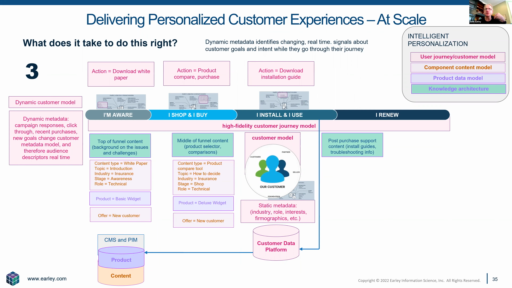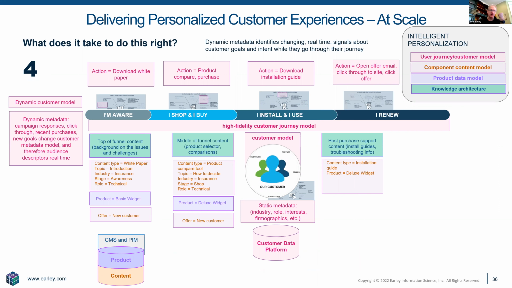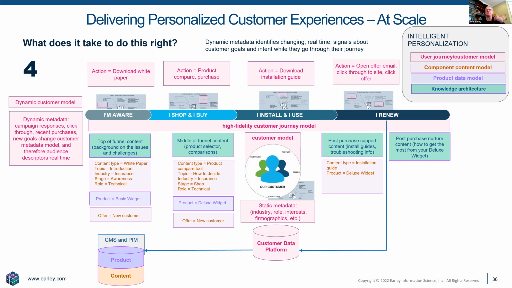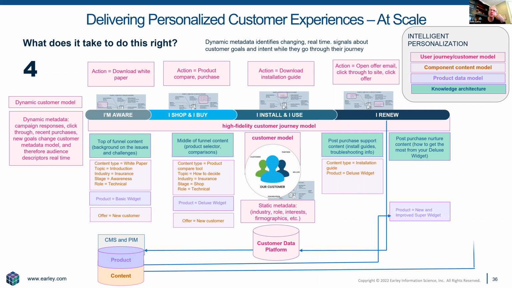And again, I can use that to say, oh, great, they're buying this. Let's try to give them an offer for another type of product, but also make sure we're giving them the information they need, right? And again, post-purchase content. This is where we talk about marketing content and product recommendations and content recommendations. All of these things are happening based on that real-time monitoring of the digital body language.